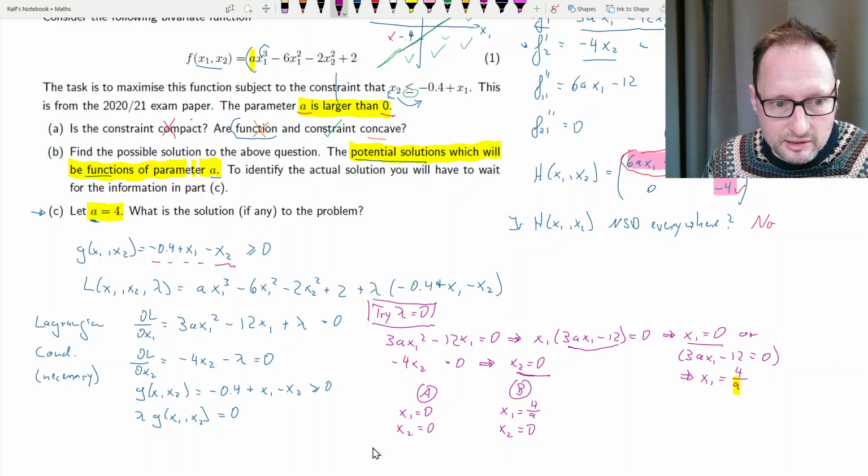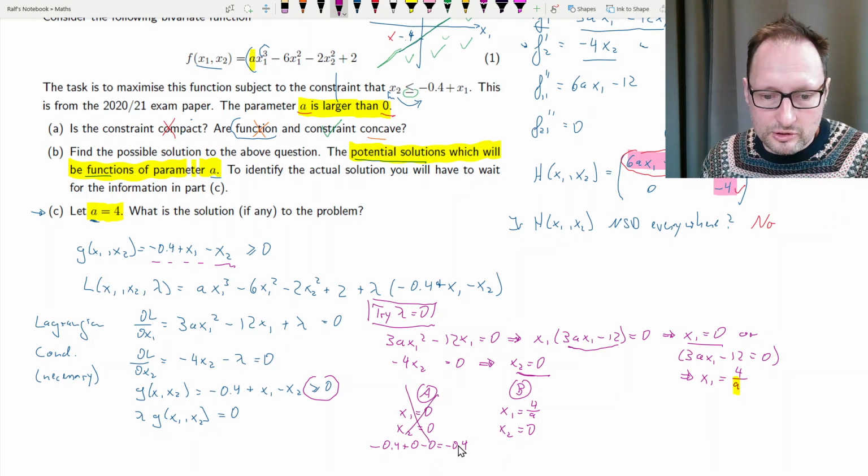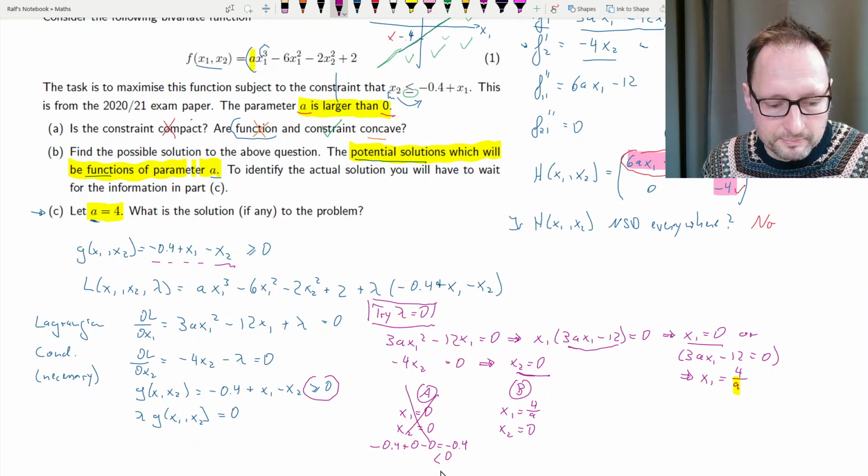So we'll take negative 0.4 plus x1, which is 0, plus 0, minus x2, which is 0, and that is negative 0.4. But remember, our constraint function has to be larger than 0. So this point is not valid. This point is not allowed because it is smaller than 0. It's not allowed by the constraint.